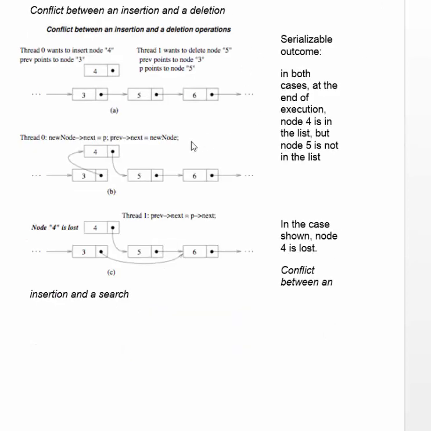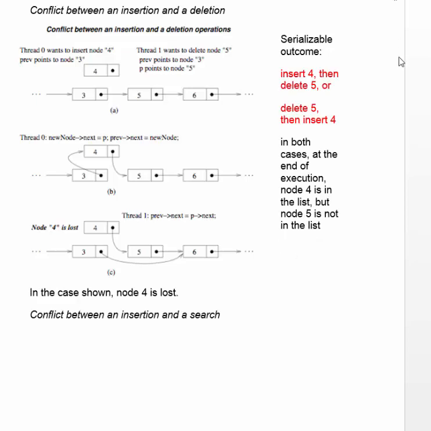Okay, now let's look at an insertion and a deletion. In this case, we have node 3 is linked to node 5 is linked to node 6. Thread 0 wants to put 4 on this list, while thread 1 wants to take 5 off of the list. So what would the serializable outcomes be in this case? Well, they'd be one operation followed by the other operation.